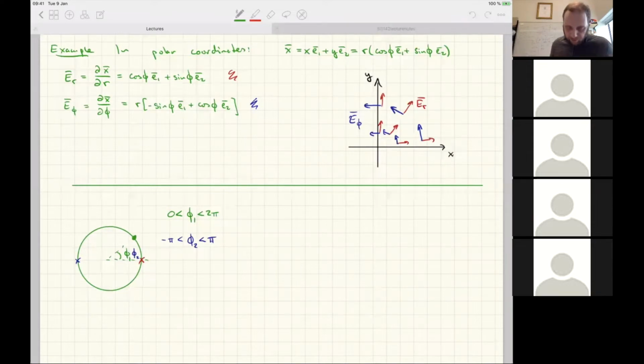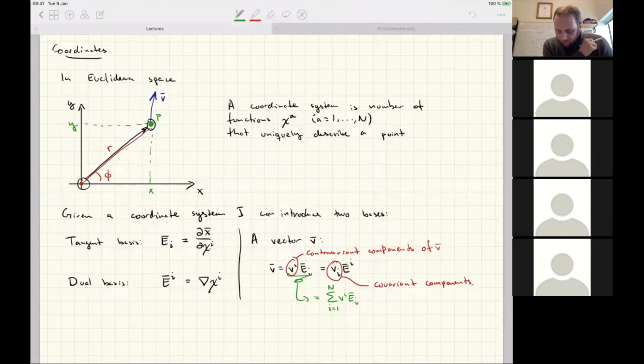Can you hear me? If you go back to the previous slide, is there any specific reason why these components are called contravariant and covariant? Yes. Essentially, the co and contra refers to their transformation properties.